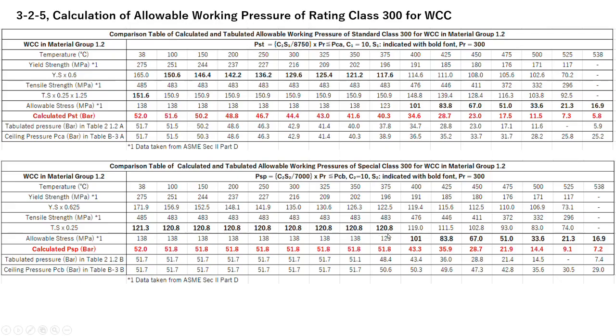How about creep range temperature 370? So we have to assign the allowable stress. So allowable stress value indicated here, 123. So that tensile strength multiply 0.25 is still lower value indicated.